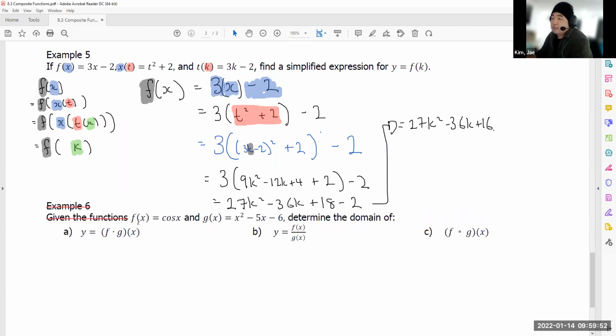The final bit: given the functions cosine as well as a parabola, determine the domain of the multiplication, the domain of the division, and the domain of a composite function.